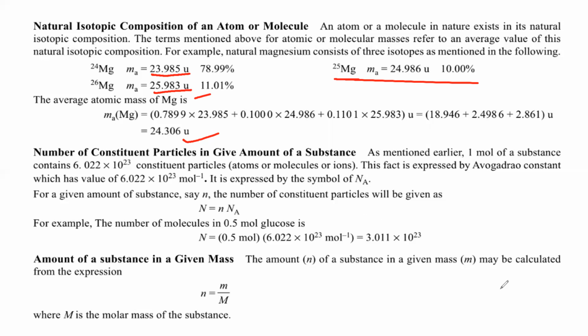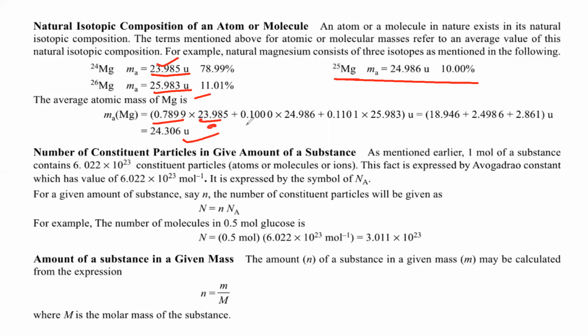We have given an example here. Hope you can understand. Simply, 78.99% should be taken as 78.99 divided by 100, that is 0.7899, into 23.985, the atomic mass of that isotope of magnesium, that is 24.